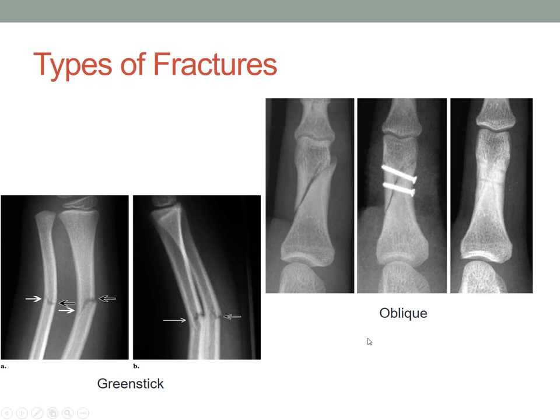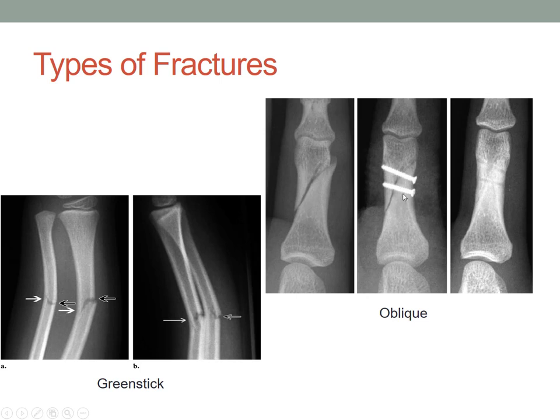On the right side, you see an oblique fracture. And oblique simply means going somewhat diagonal in a bone. You see how this particular x-ray shows how it was treated and then the end result. So the left picture here, you see the fracture before it was fixed.